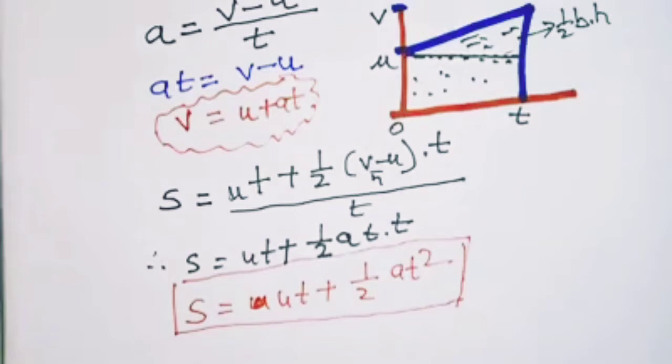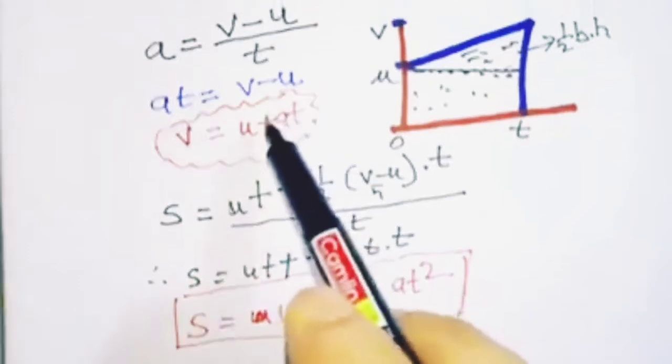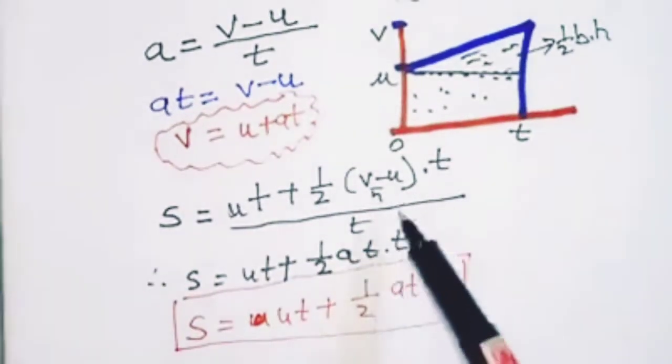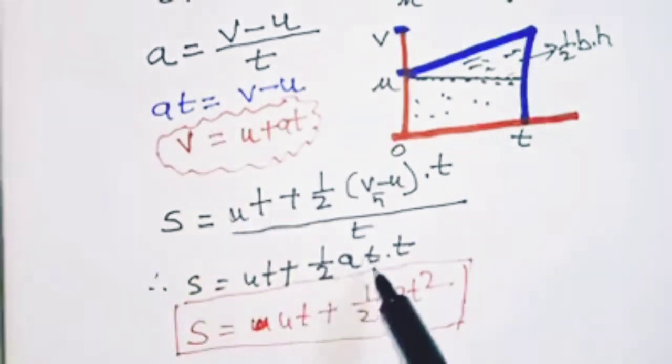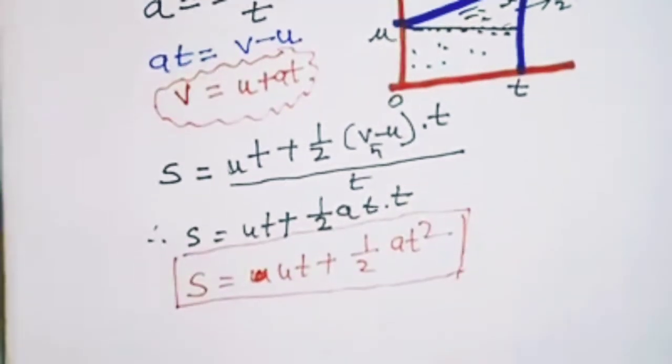So this is what we are getting over here. Just to summarize, we substituted V minus U by T, which is A, so V minus U is AT, multiplied by T, and it gives you half of AT squared.